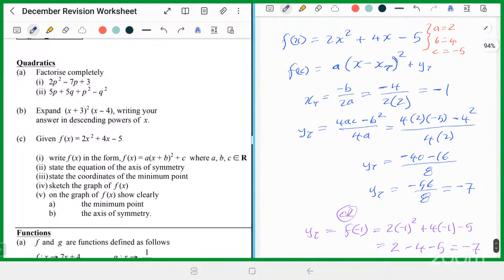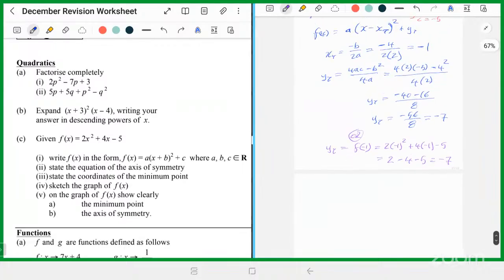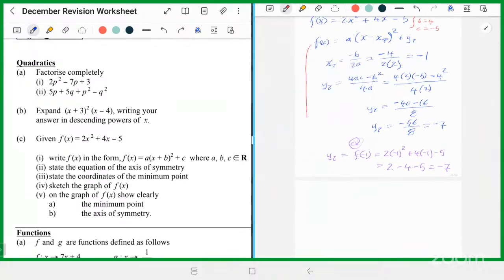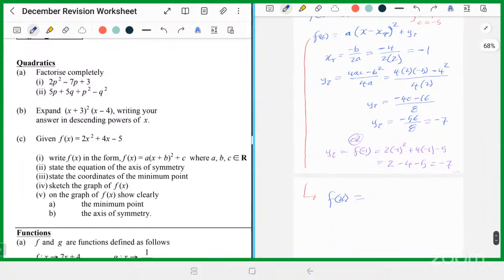But in any case, that is it now. So based on that, what does the function become? This function up here becomes f of x equal, the a is 2 right here, 2 into x minus, and the xt is negative 1, so it's minus negative 1.